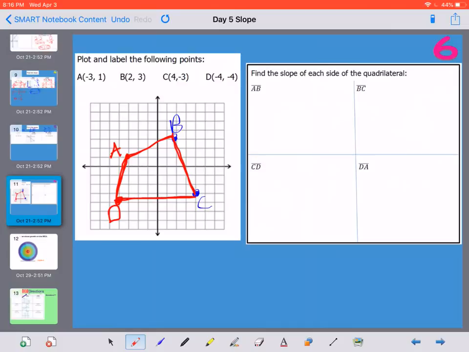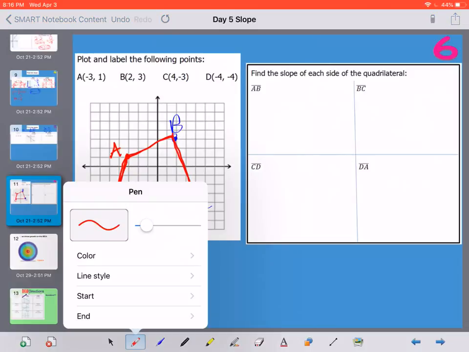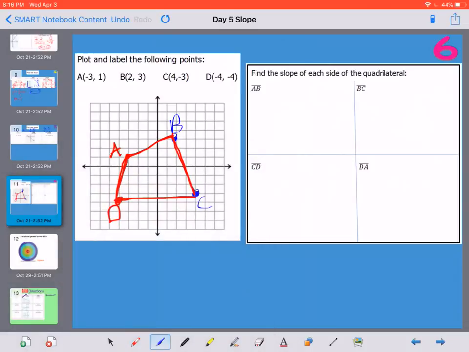Find the slope of each side of the quadrilateral. Well, there's two ways we could do this. We could just look at the quadrilateral and count the rise over the run, or because we know the points, we could find the slope by using our formula.